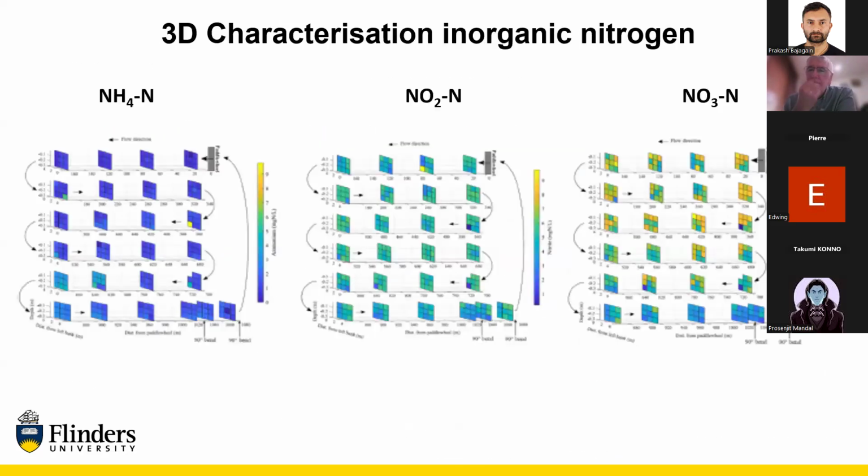So then, this is just an example of what we could do with the liquid samples we take. If you remember, I said we could pump samples at each of the 9 points at each of at least the 26 cross sections. We could store them on ice, take them back to the lab, and analyze for inorganic nitrogen.